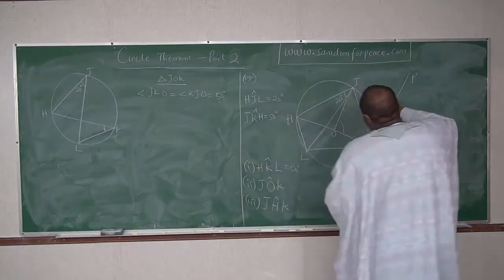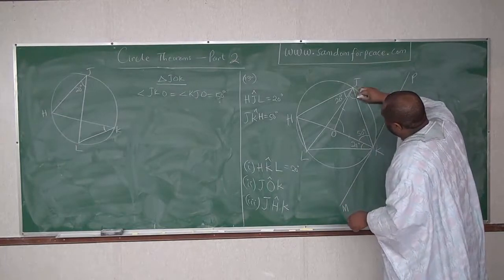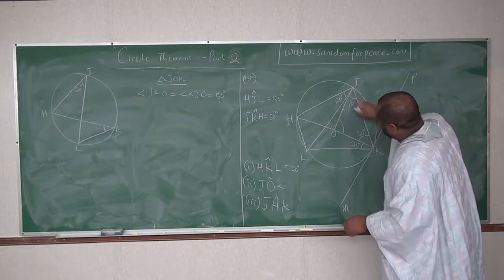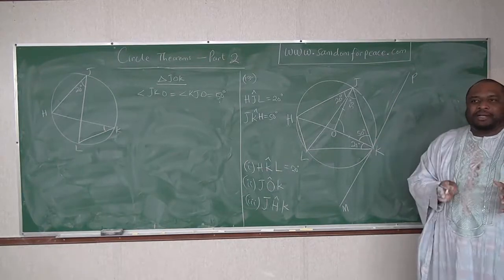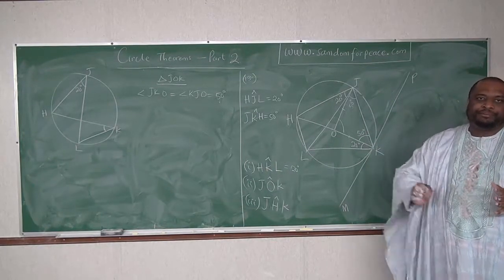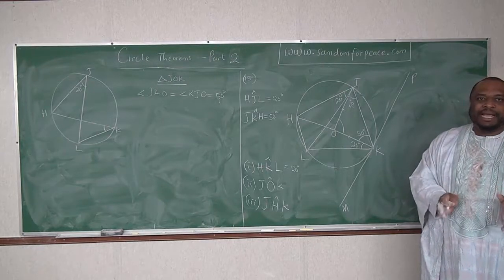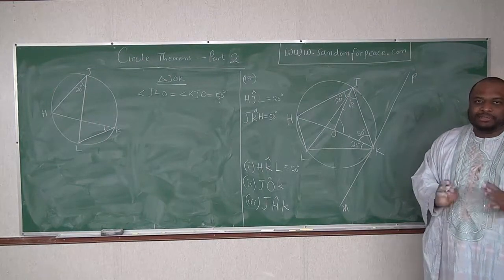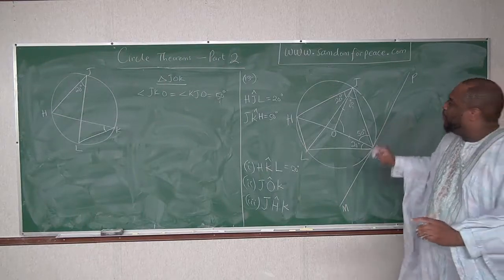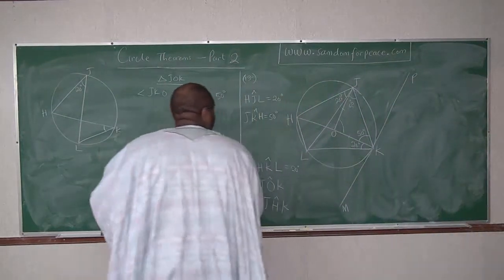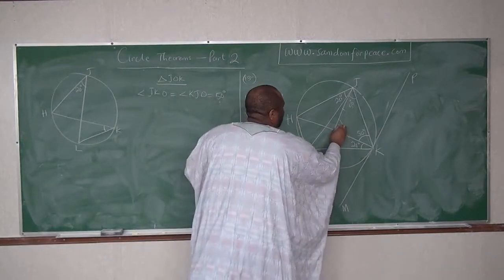So this here should be 50 degrees, this 50 degrees. Reason: base angles of an isosceles triangle. That's the reason. Now, if we call this x.